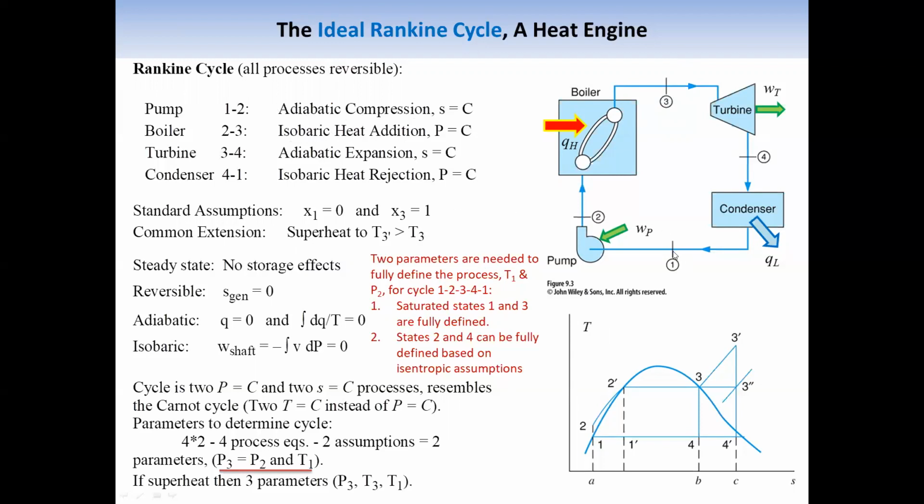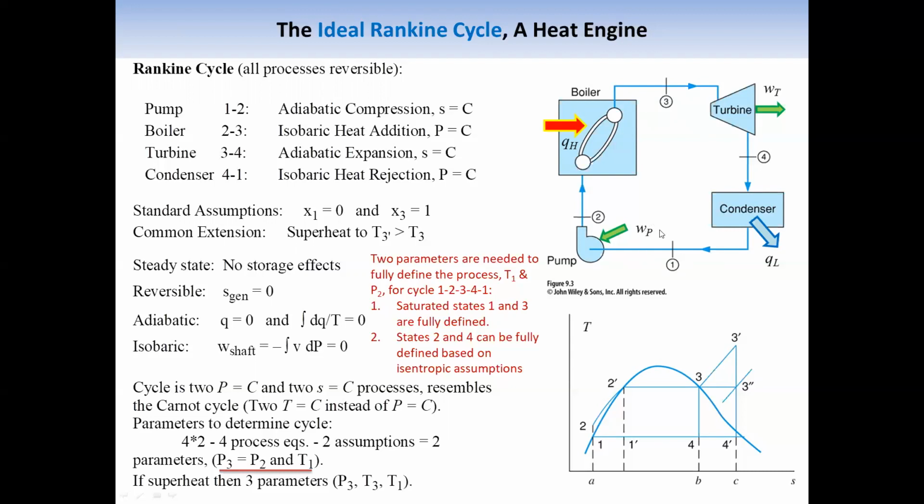If we start from the fluid after the condenser, it's pumped into the boiler, absorbs the heat, then the steam comes out, moves the turbine, and does a lot of work. The steam coming out of the turbine will have a lower enthalpy, and the residual heat will have to be absorbed by the condenser. That completes a full cycle.